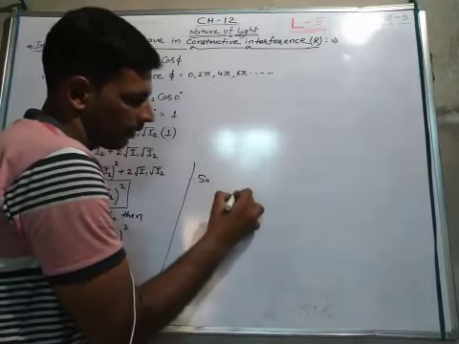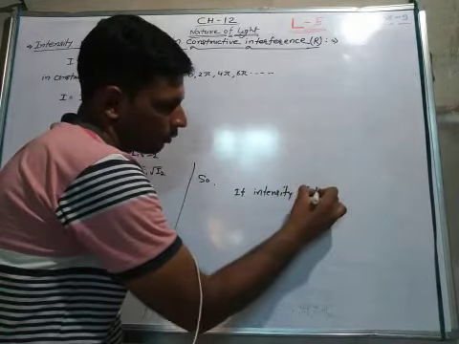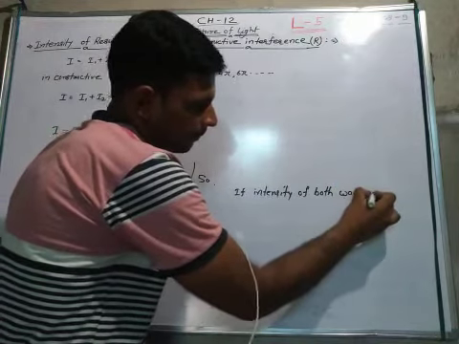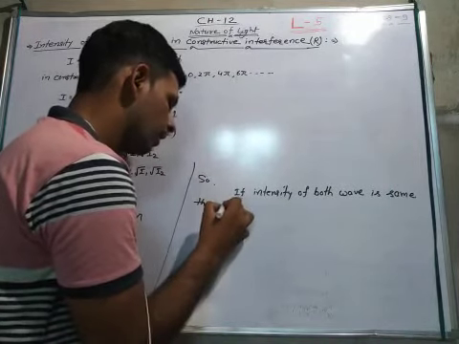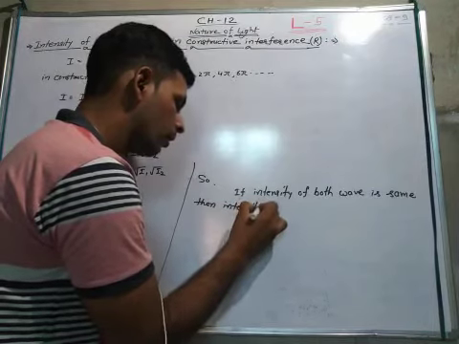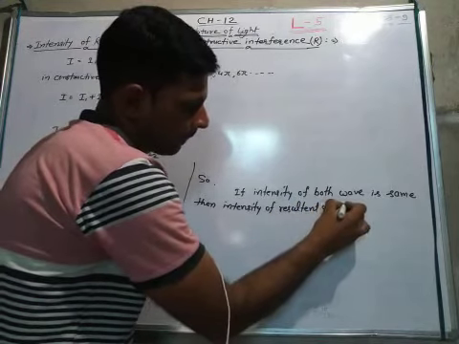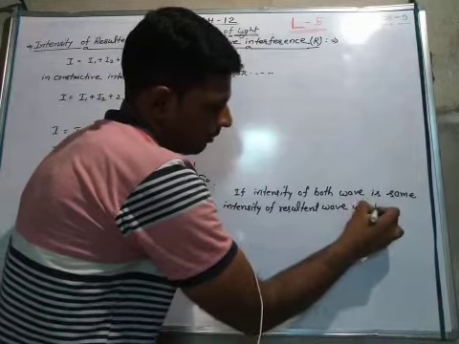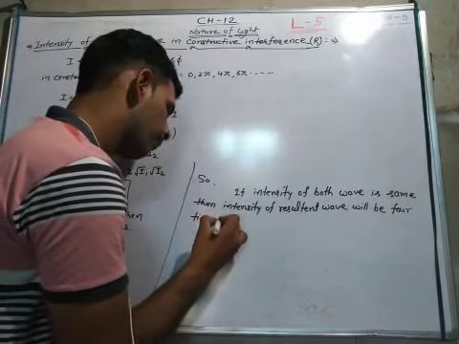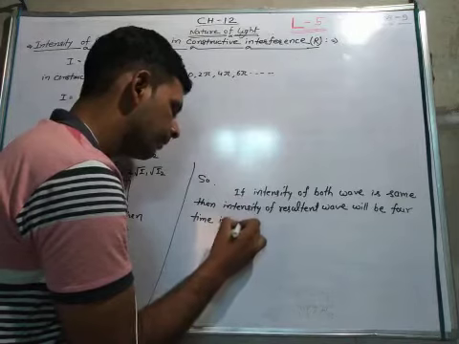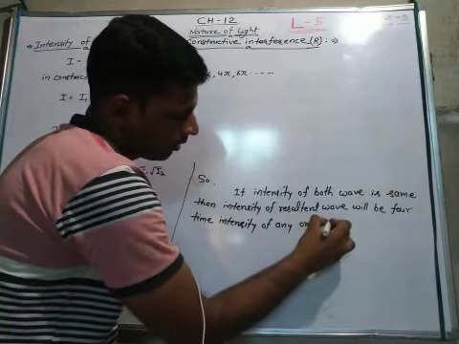So if the intensity of both waves is the same, then the intensity of the resultant wave will be 4 times the intensity of any one wave.